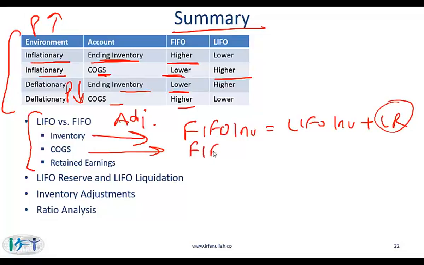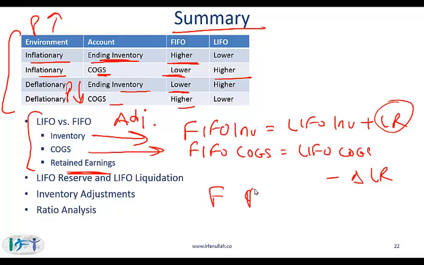Your FIFO COGS is equal to LIFO COGS minus the change in LIFO reserve, and then retained earnings.